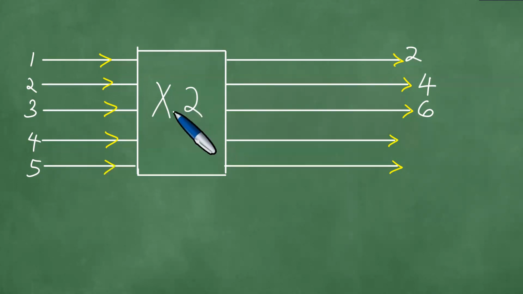It is the number 8. 5 times 2 is what? 5 times 2 is 10.